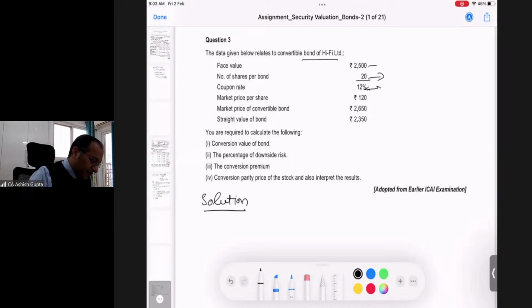Coupon rate is 12%. Market price per share is 120. Market price of the convertible debenture is 2650 and the straight value of the bond is 2350.